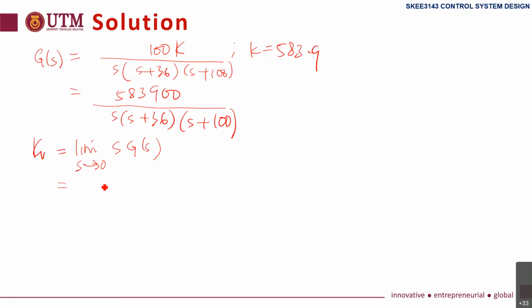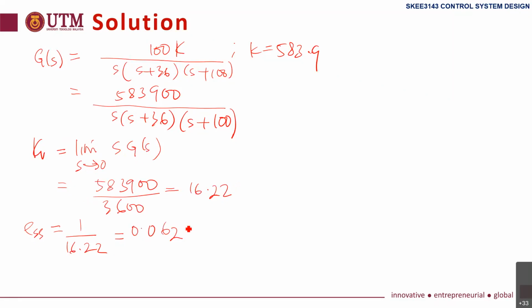If you substitute the values, 583,900 divided by 3600 is 16.22. That is the Kv, and the error is 1 over 16.22, which is 0.062. We call this the original system.